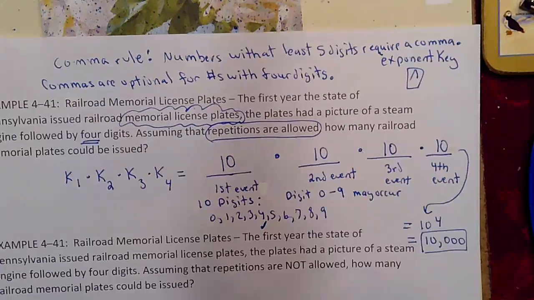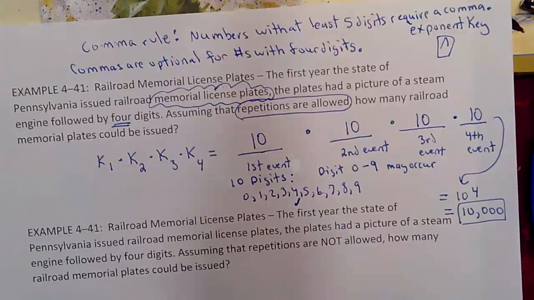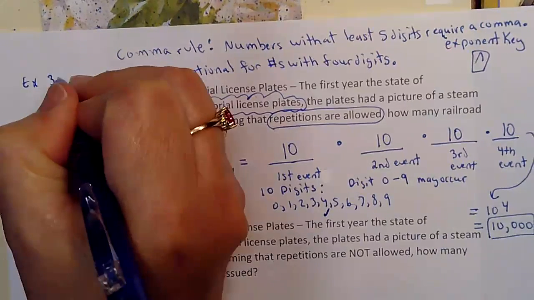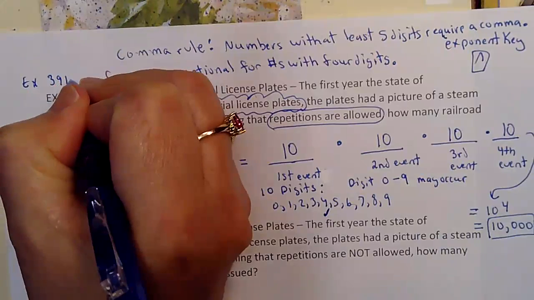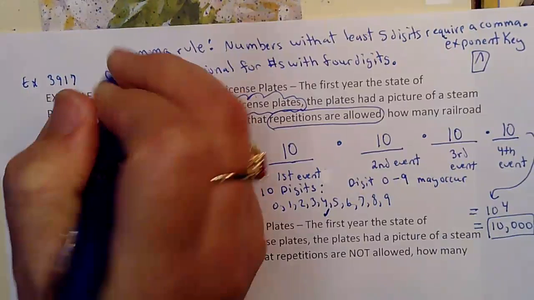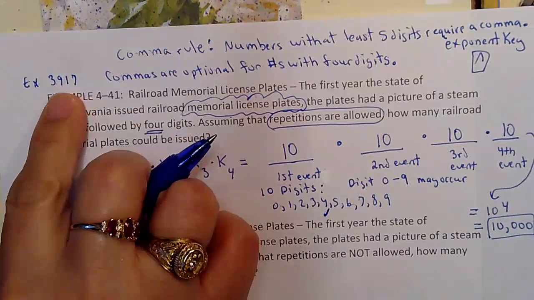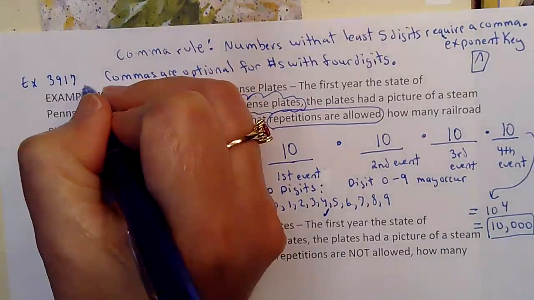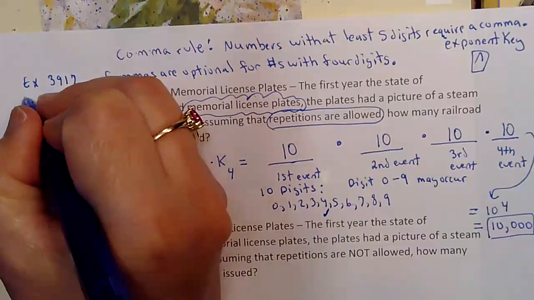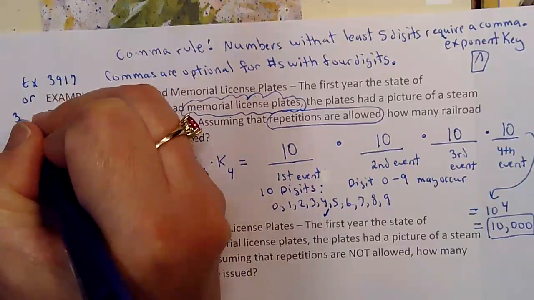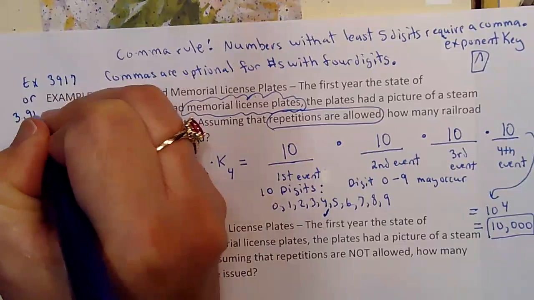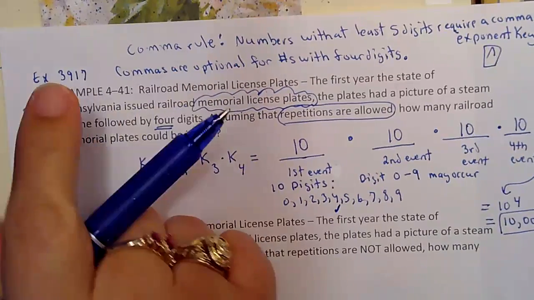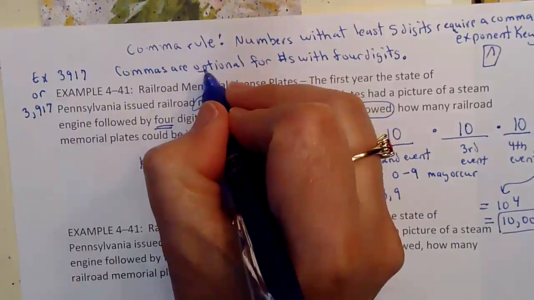If I do an example on this side, like 3917, that's 4 digits. 1, 2, 3, 4. You can put the comma or you can leave it off. So you can do this or you can do 3,917. So commas are optional.